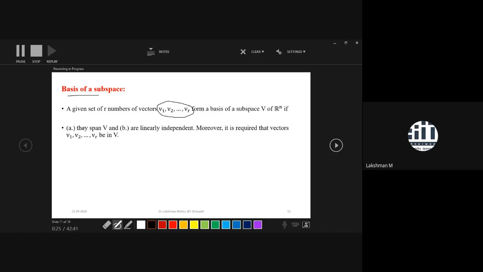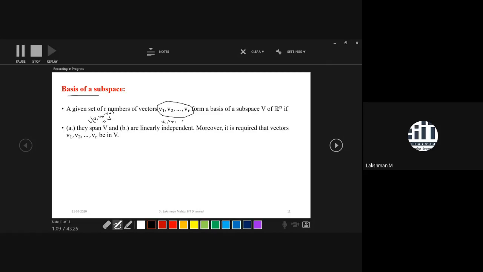First, the linear span of these vectors must be equal to V. That means these vectors must span V: the linear span of v1, v2, v3, likewise up to vr, all possible linear combinations of these r vectors, must be equal to the vector space V. And the second condition is that v1, v2, v3, all these are linearly independent.